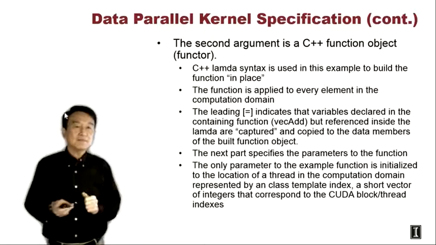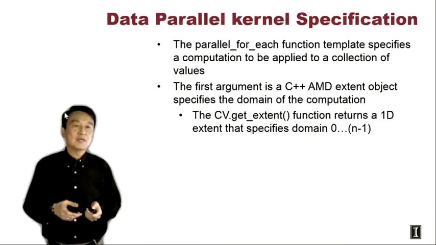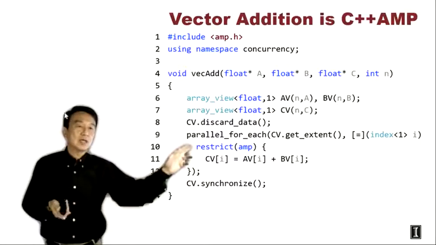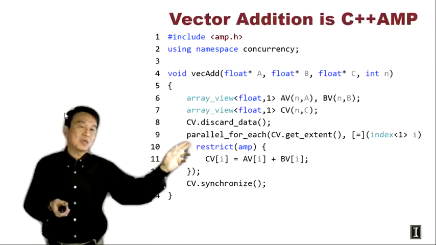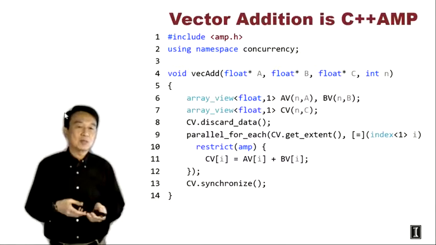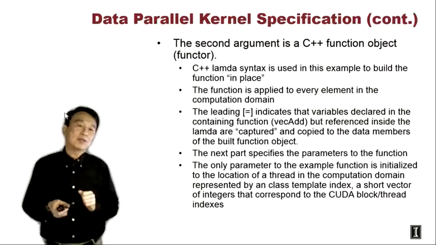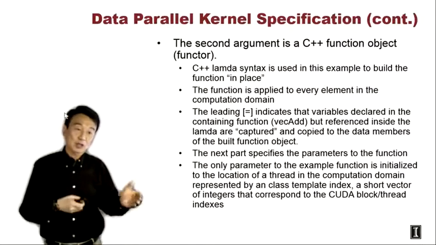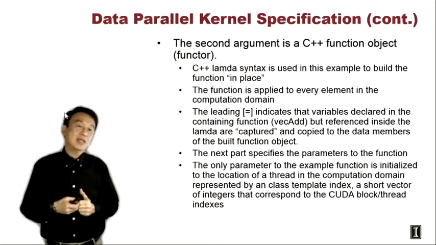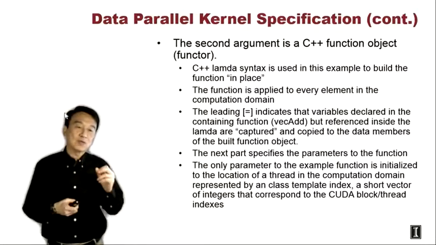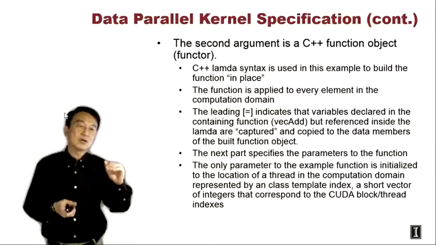Then the next part specifies the parameters to the function. This corresponds to the index, parenthesis index i, closing parenthesis part. The only parameter to the example function is initialized to the location of a thread in the computation domain. So it's that i value, and the i value is actually a global thread index. Remember, there could be up to 3 dimensions of thread index in the CUDA domain.